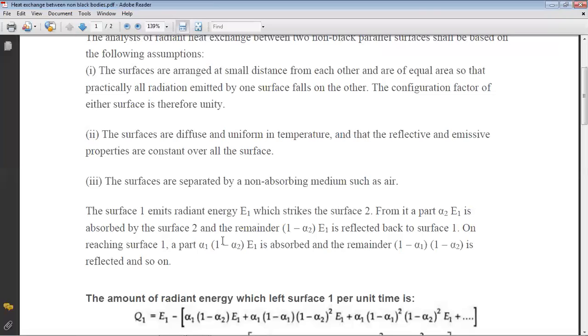If you take the ratio of the amount of energy that is absorbed to the incident radiation, we call it absorptivity. Now what is remaining is 1 minus alpha 1 into 1 minus alpha 2 times E1. Now this process goes on.